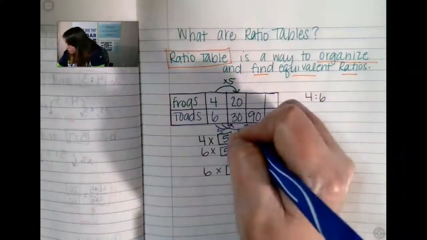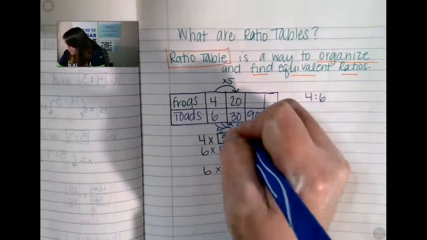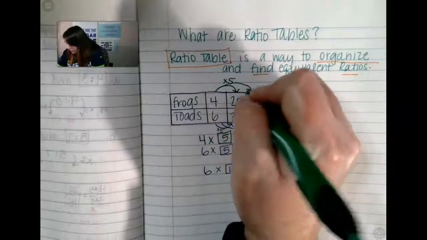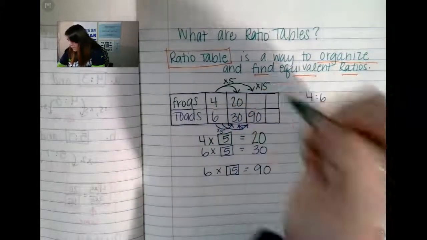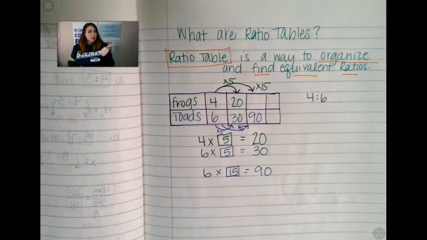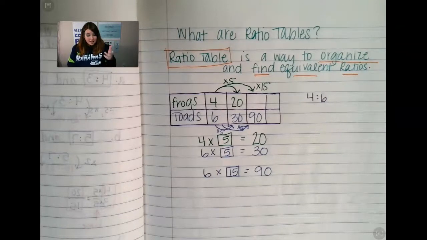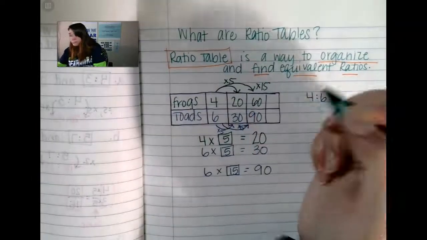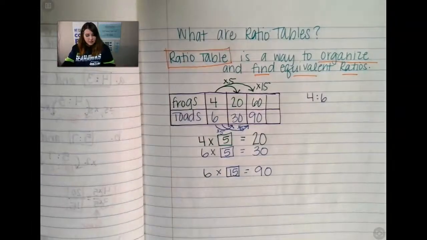So if I multiply by 15 here on the bottom, I need to multiply by 15 on the top. So I get 15, 30, 45, and 60. So when I have 4 to 6 and I multiply by 15 as my relationship, my change causes 60 frogs. 60 frogs! That's a lot of frogs.